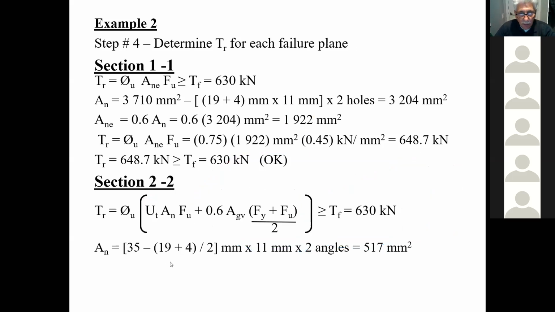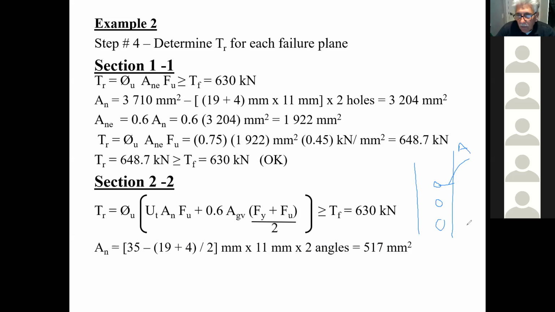Now, I'm going to have to redraw this. This would have been easier if I was on the board. So right now, I'm looking at the last hole here, and I'm trying to calculate the AN value across that little failure plane where everything's in tension.